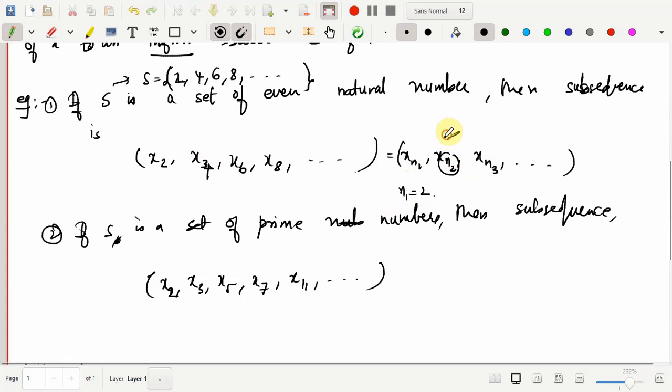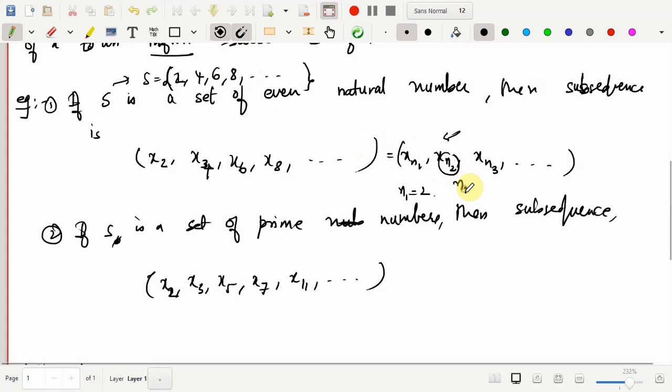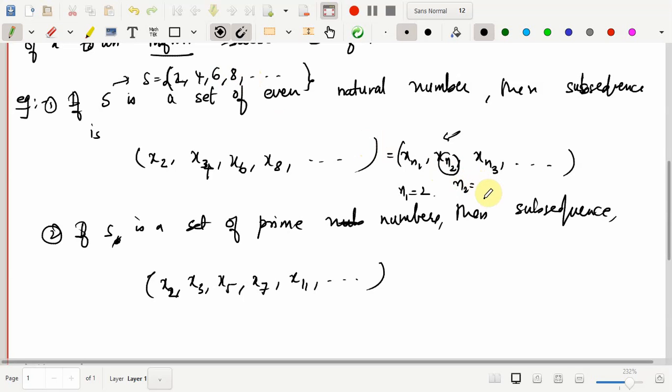This is the second position of the subsequence, but you take it from the fourth term of the sequence. So nk denotes the original placement of that term in the given sequence. You will see that n2 in this case is equal to 4, and this goes on.